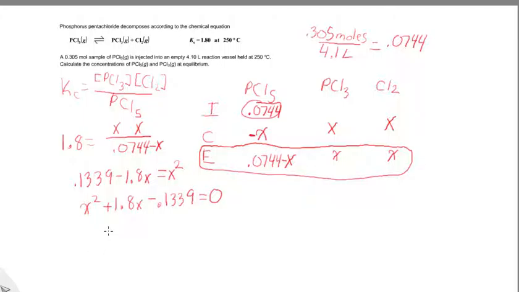So x equals 0.0715. So I know my concentration for chlorine and PCl3.